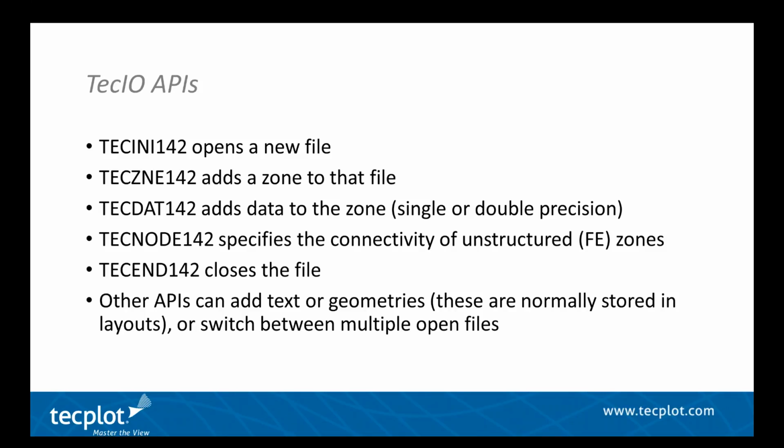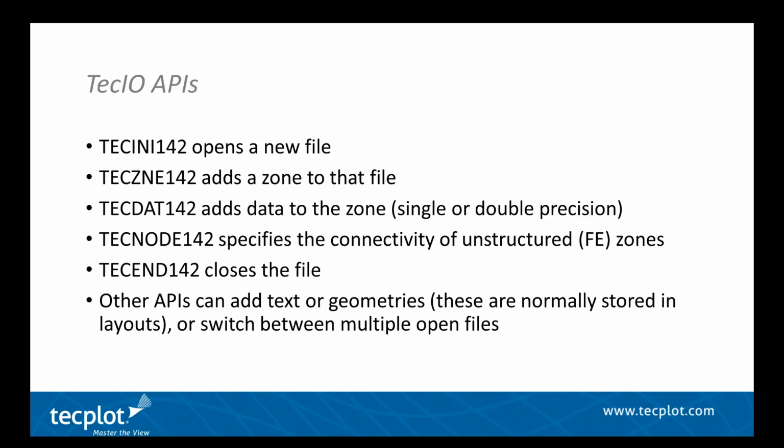So let me go through these APIs. TecIO you use to open a new file. And then for each zone that you want to output, you'll call TecZNE once to open a new zone. Then to output the data for that zone, the variables for that zone, you'll call TecDat repeatedly until you've output all of the data.